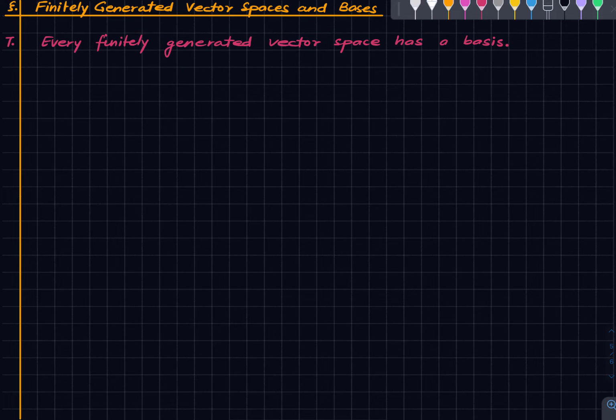Okay. So here is the proof. And this style of proof is rampant throughout all mathematics. Fix a finitely generated vector space. So let V be a finitely generated vector space, and say F is the base field.